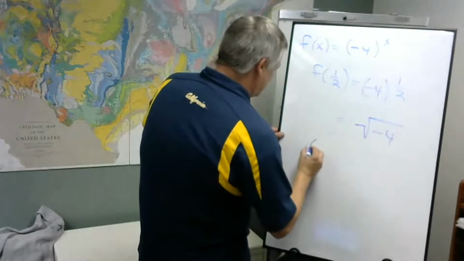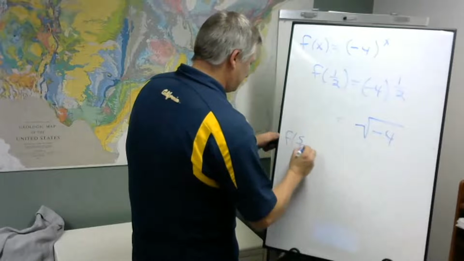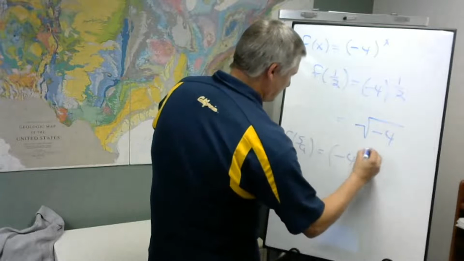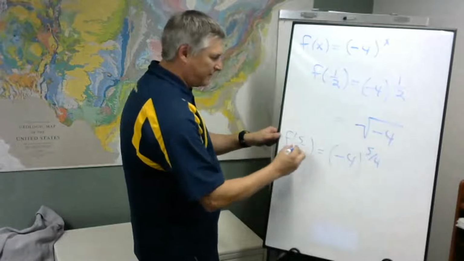So something like this, if you had f of 5/4, or we'll stick with something more familiar, 5/2.